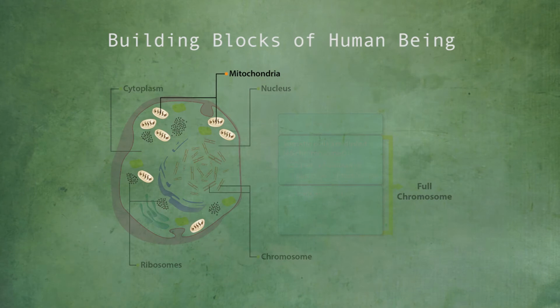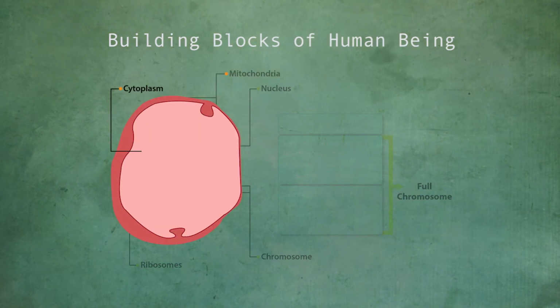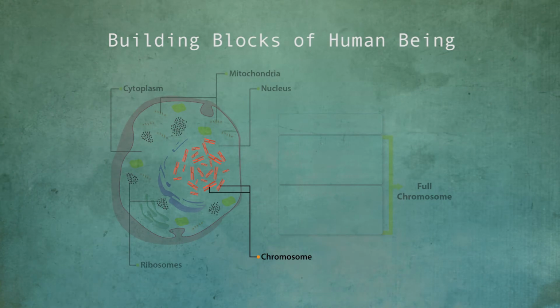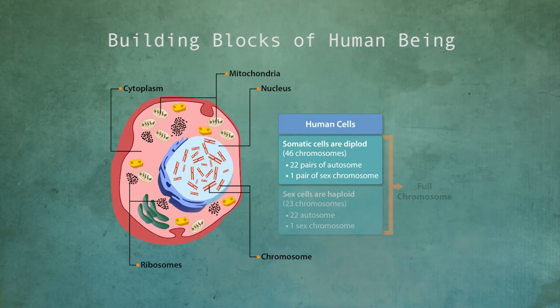For example, look at your hand. It has somatic cells. Look at your hair. It has somatic cells too. Basically, inside the cell, there are several organelles such as mitochondria, cytoplasm, and the most important for heredity, chromosomes.